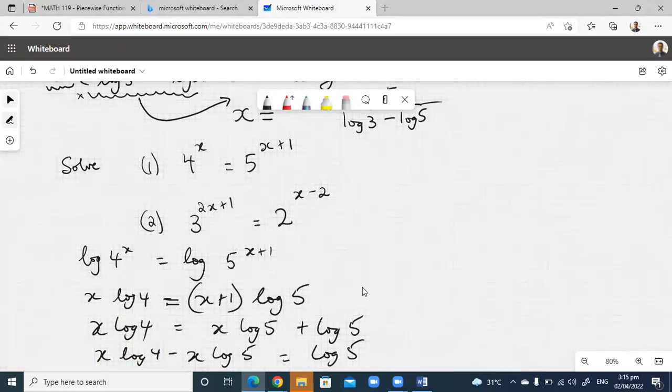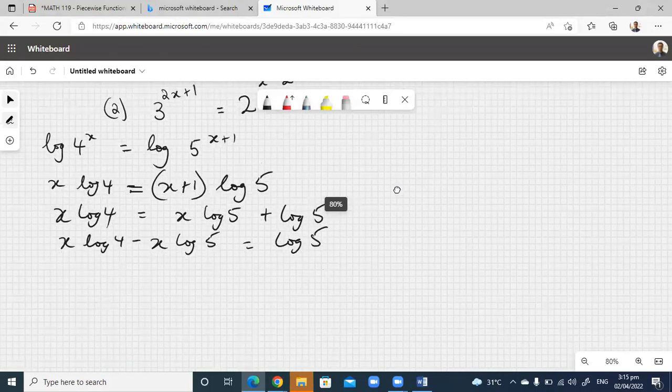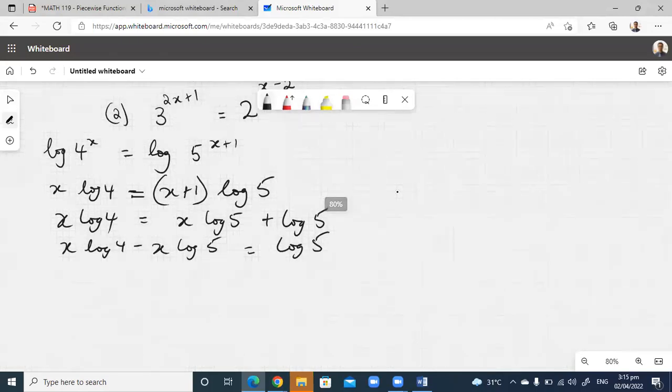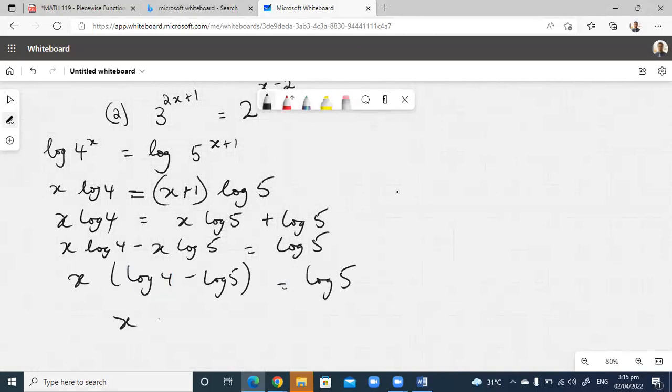And then finally, factor out the x, you'll get x times log 4 minus log 5 is equal to log 5. So you'll get x is equal to log 5 all over log 4 minus log 5. Did you all get that? Yes, sir. Okay, great. Anyone has any questions before I move on to the second one?